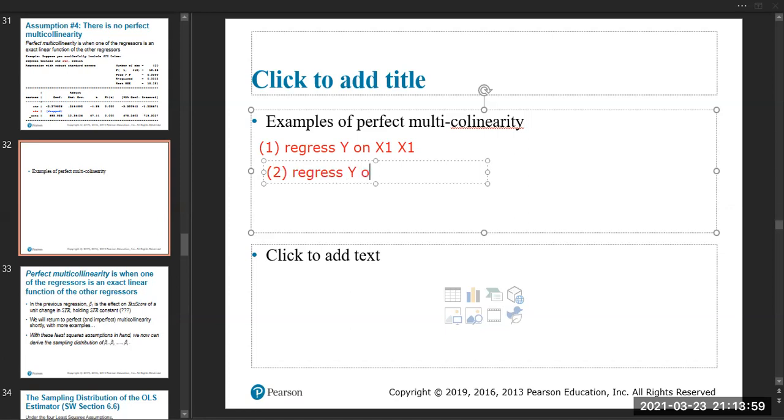Regress y on female and male. All right, so what's wrong with this one? The problem is that female equals 1 if it's female, and 0 if it's male. While male equals 0 if it's female and 1 if it's male. Did you add extra information by including male? You don't.